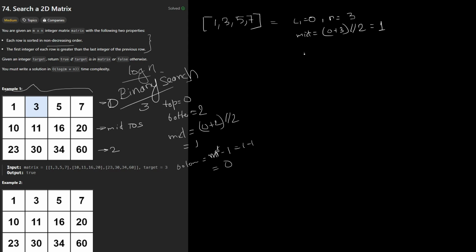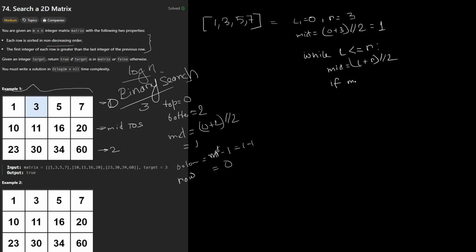And I can say while L is less than or equal to R, mid is basically L plus R divided by 2, and here we find the value of the row, so row would be 0.